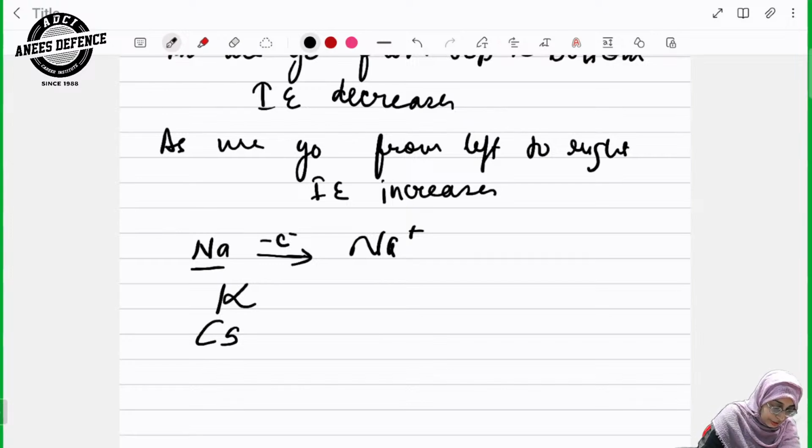Ionization energy decreases as we go from top to bottom. This is cesium, which is at the bottom. So the lesser ionization energy will be of cesium, and potassium will have the more ionization energy.